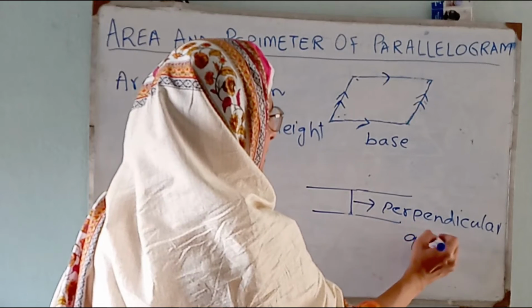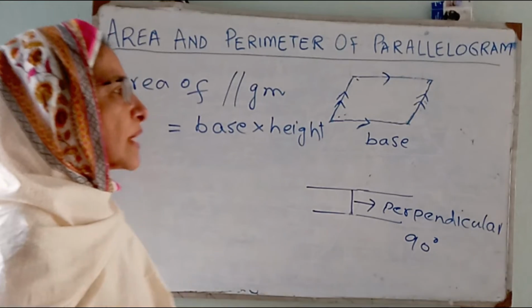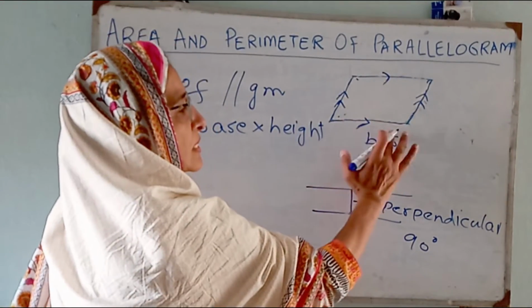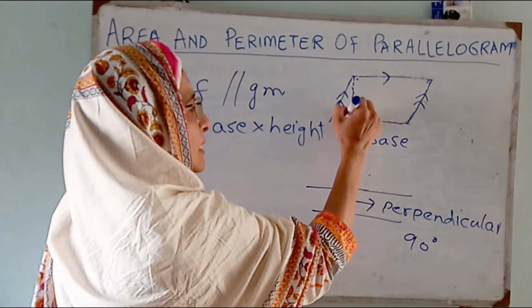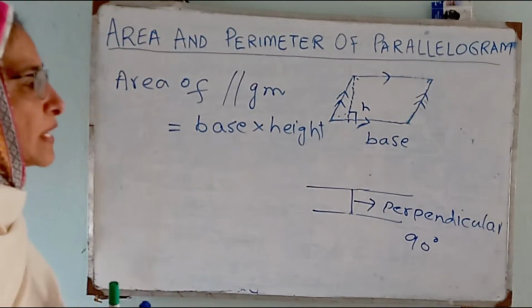Now when we are talking about the height in a parallelogram, it is a perpendicular distance from the base. Suppose this is the base. From this base, the perpendicular distance will be this line. So this will be the height of this parallelogram.